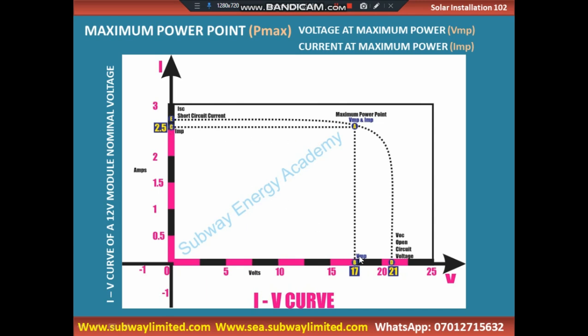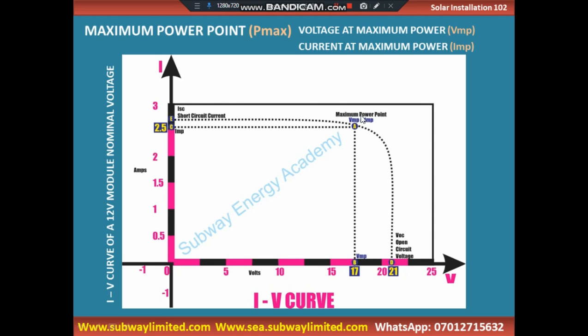The voltage at maximum power, point B, and the current at maximum power, when you multiply those two values, that is when you have your maximum power point, and that is equally the voltage at Pmax or the current at Pmax. So that is what maximum power means.